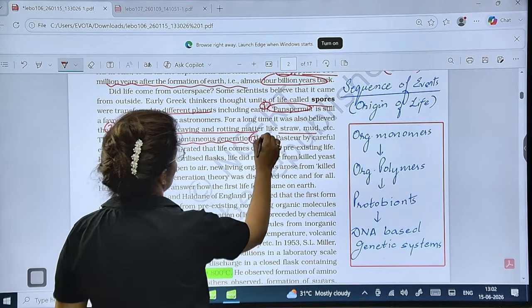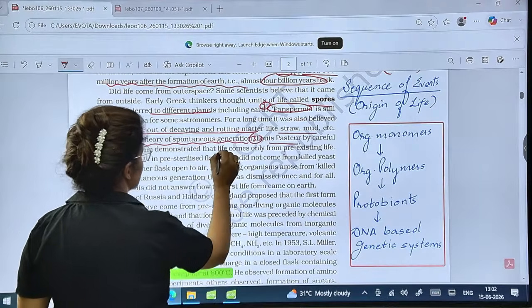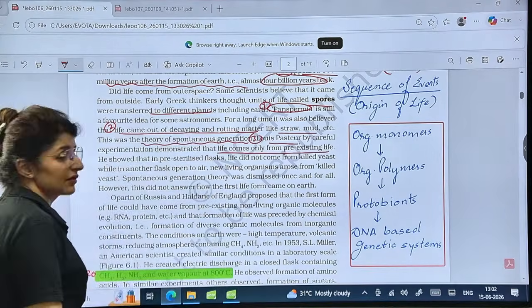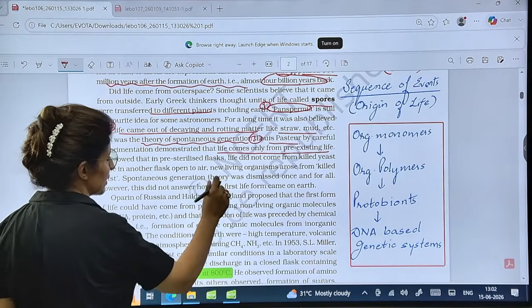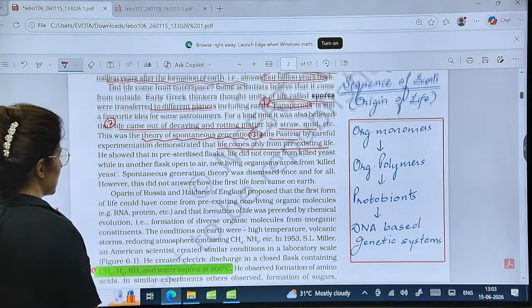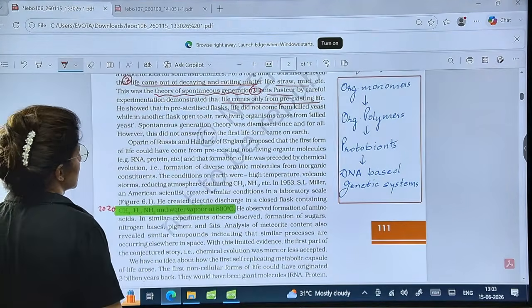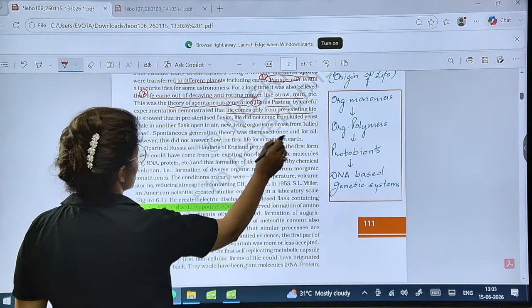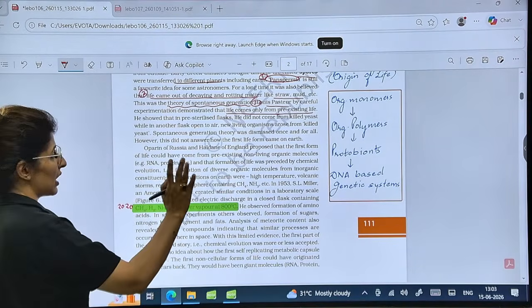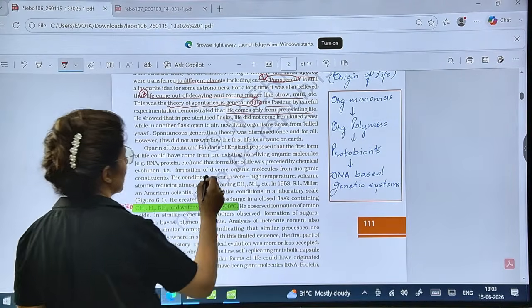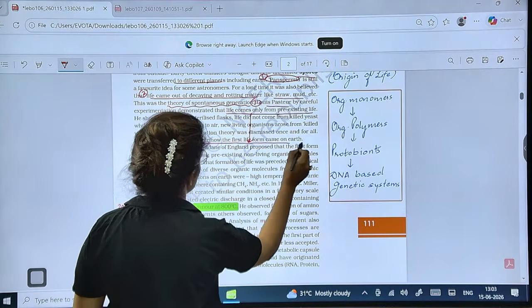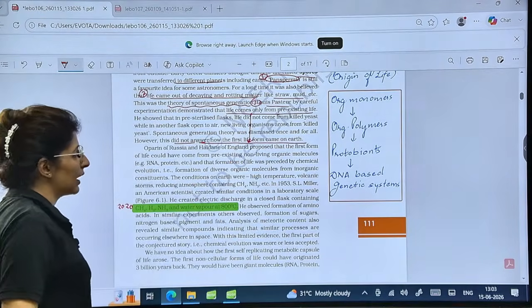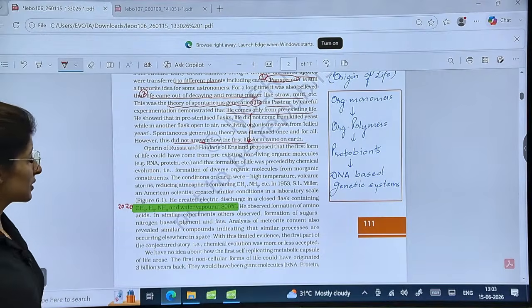And then Louis Pasteur said life comes from pre-existing life, the theory of biogenesis, using his round bottom flask experiment. Is it clear? Later on, the spontaneous generation theory was dismissed, because it could not explain how life came for the first time.